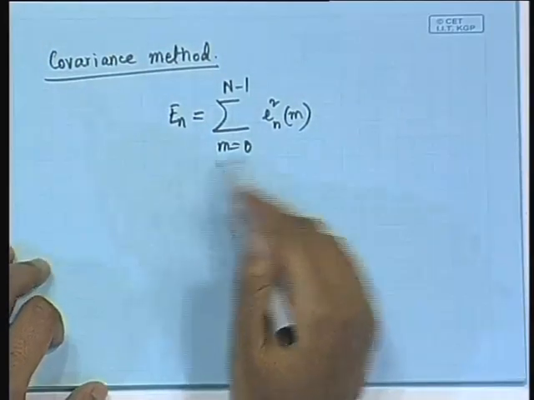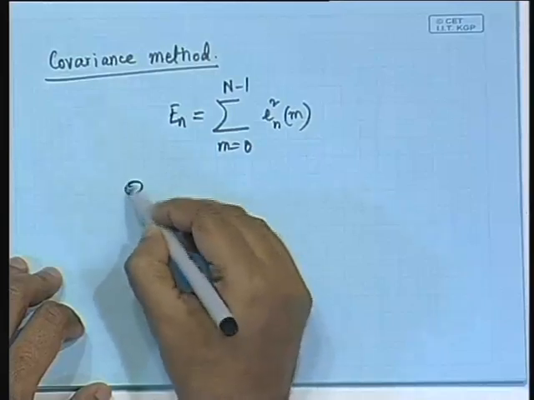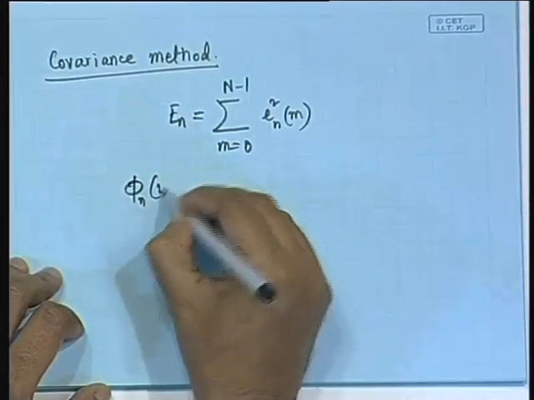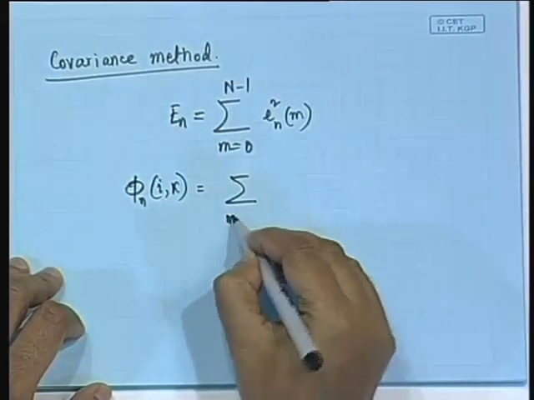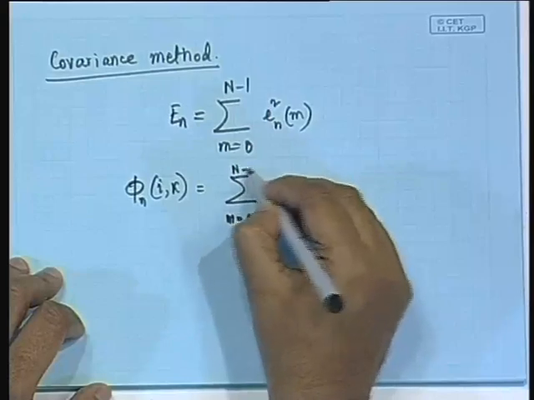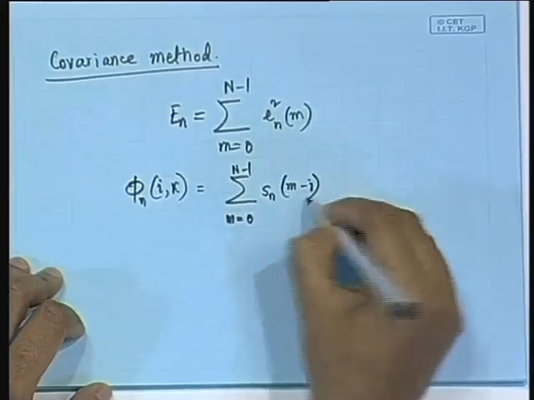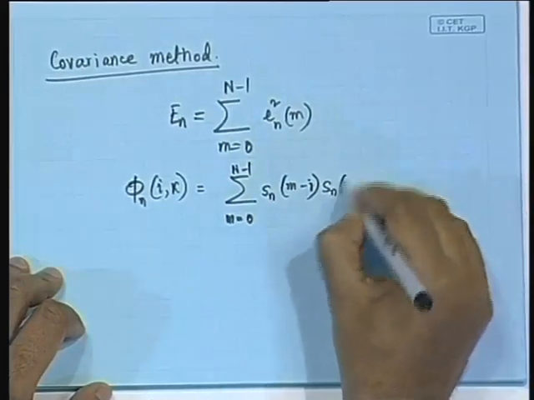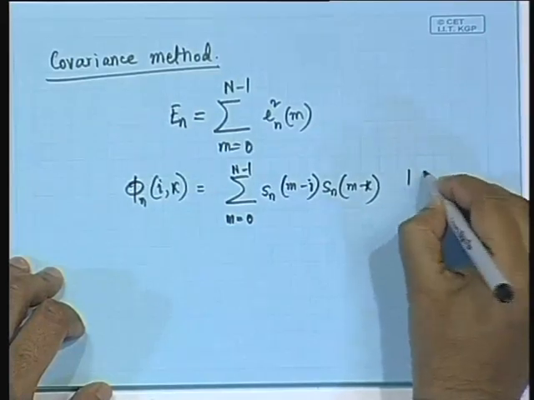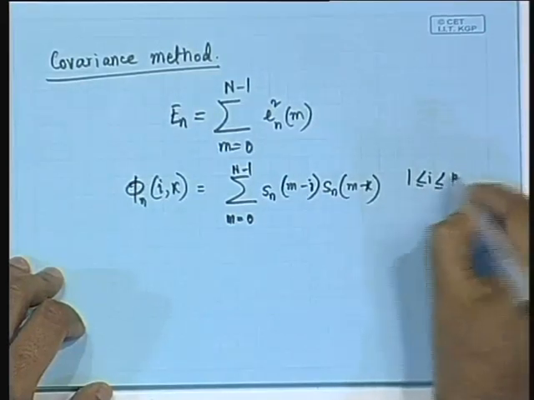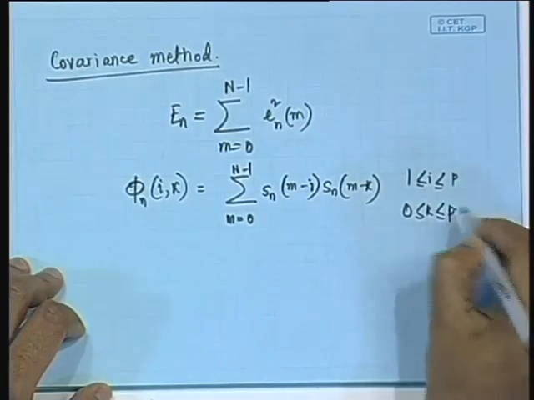Now, if we have this, then our phi n of i k becomes the summation m equal to 0 to n minus 1 of S n m minus i into S n m minus k, and this we have to do for i lying between 1 and p, k lying between 0 and p.